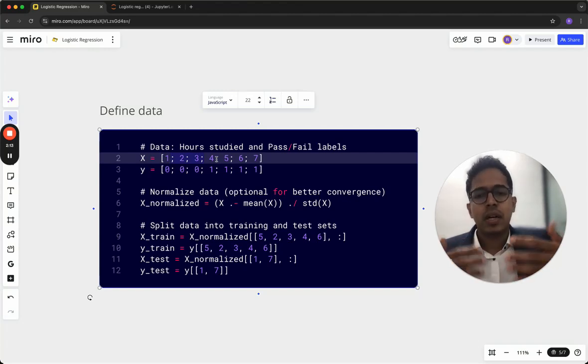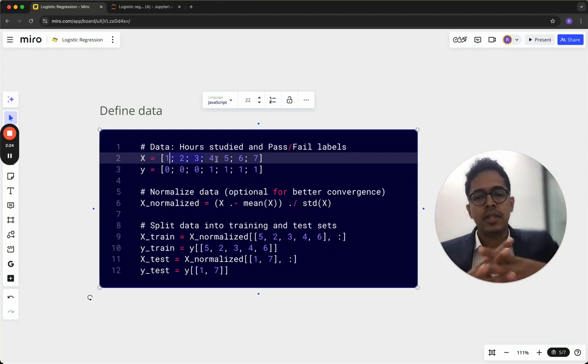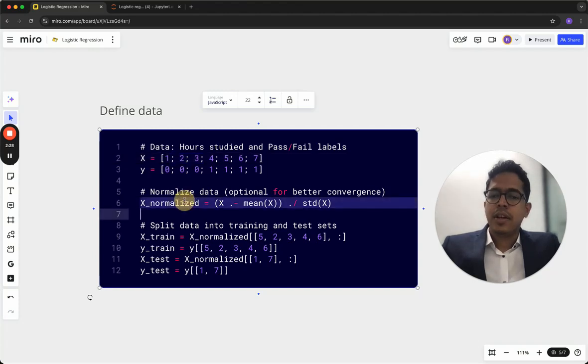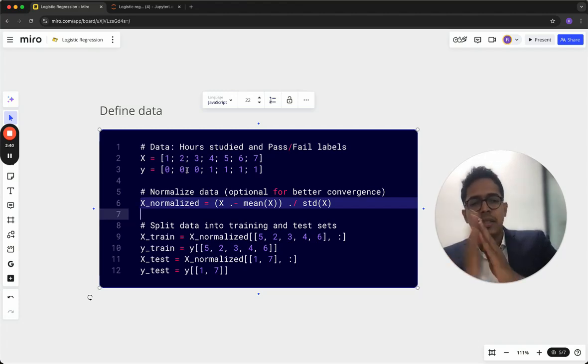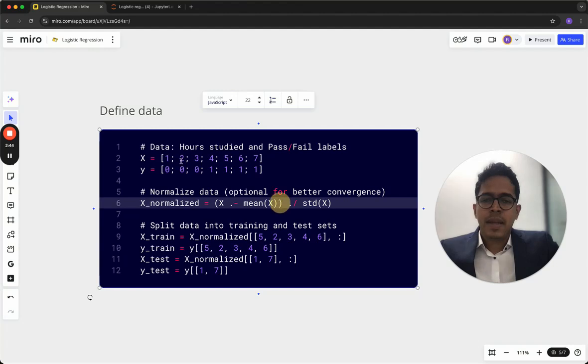Now, the thing is to construct a model which will make a prediction on a new data set. For example, it could be on a completely new data point, which the model has not seen. Or you can split the data set into training and testing. Here, first we normalize the data such that it is centered around the mean, going to negative numbers on the left and positive numbers on the right, because we are subtracting the mean value from all the numbers.